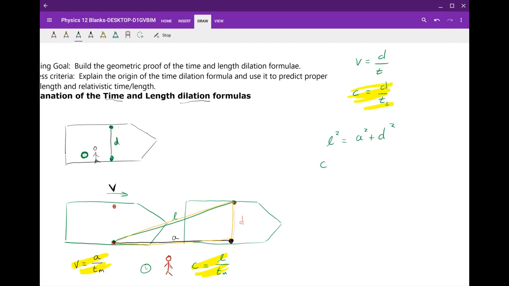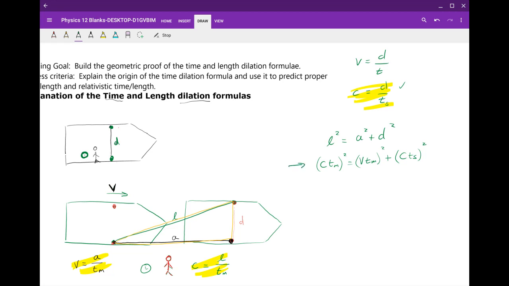Well, L is just C times T moving squared. A is just V times T moving squared, and D is just C times T stationary squared.